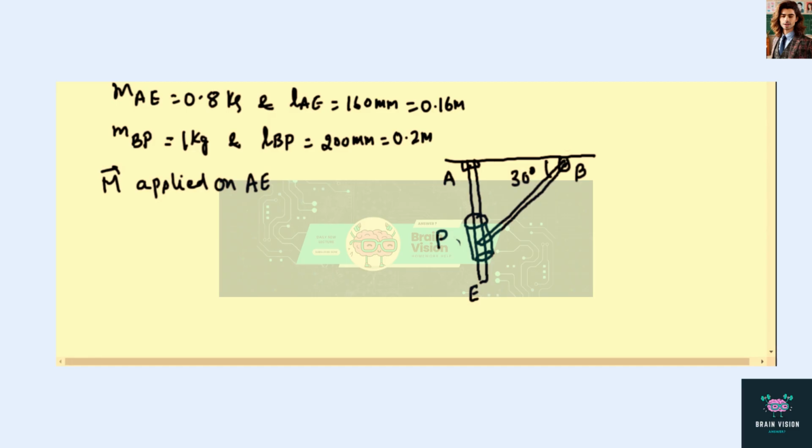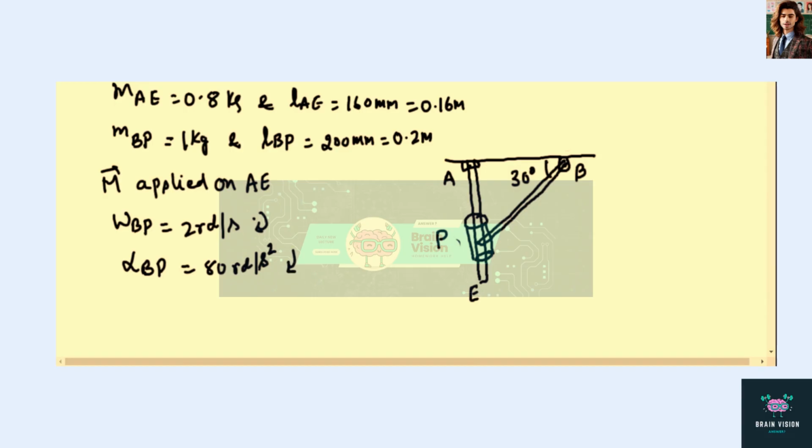It is given that the angular velocity of rod BP is 20 radian per second in clockwise direction and angular acceleration is 80 radian per second square in clockwise direction.